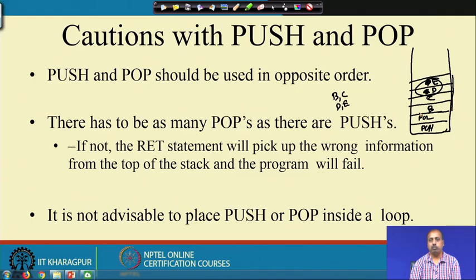Try to put push and pop outside the loop. If it is really necessary to put them inside the loop body, then ensure that the push is at the beginning of the body and the pop at the end of the body, and that they are always executed. It should not happen that in some cases the pop is not executed. So, we have to be careful with push and pop instructions while writing subroutines.